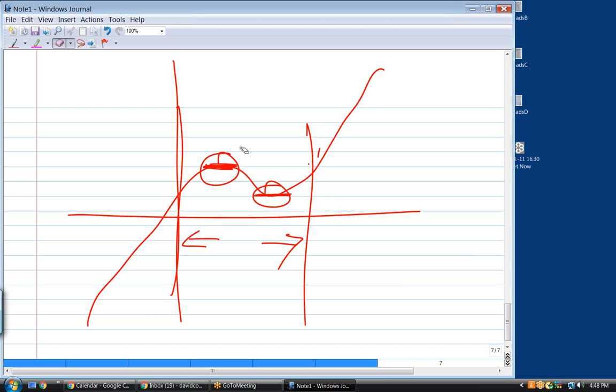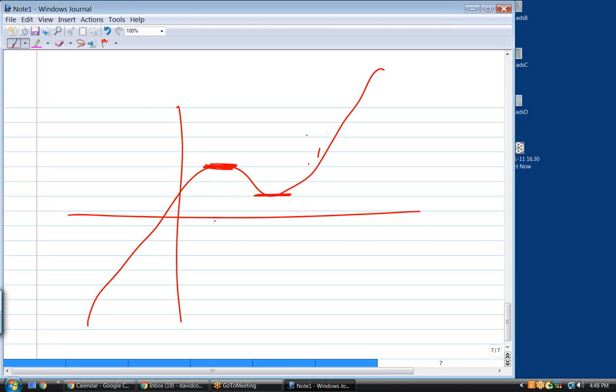And this is very useful because you might have a function that looks like this, and you want to know where the maximum of that function is on the x-axis. In other words, I want to know what value right there produces a maximum of that function. Maybe my function is the volume of an open box.